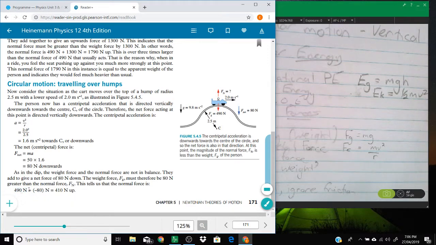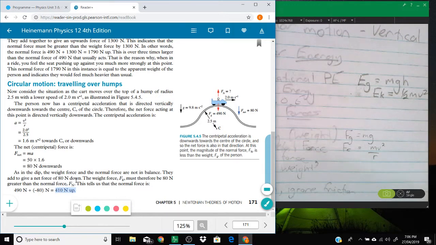The normal force opposing the weight force will be 490 newtons up, then minus 80 newtons, and you end up with a total normal force of 410 newtons up. So this would be a reduced apparent weight. You feel lighter when you're going over this section than you would otherwise, because you don't experience the same force upwards.